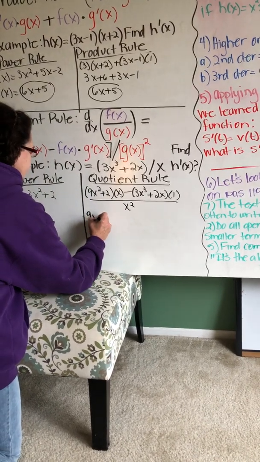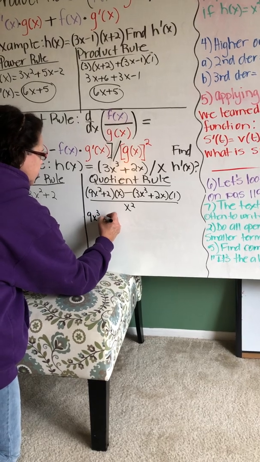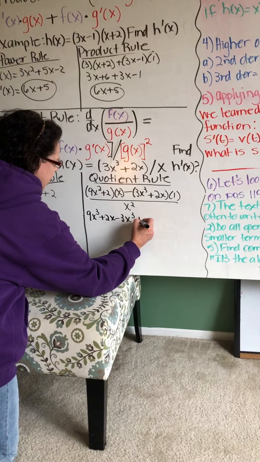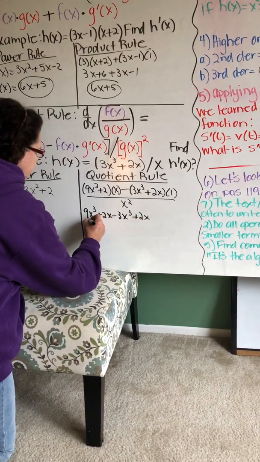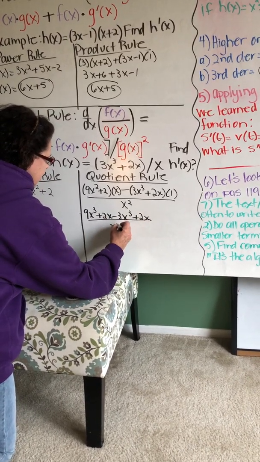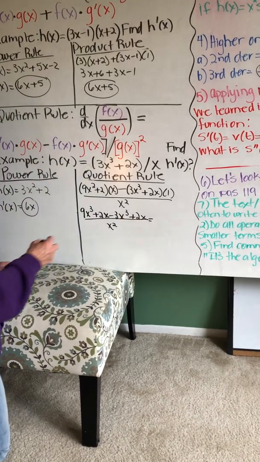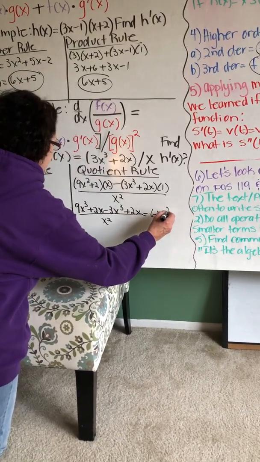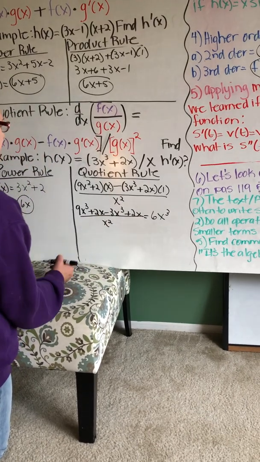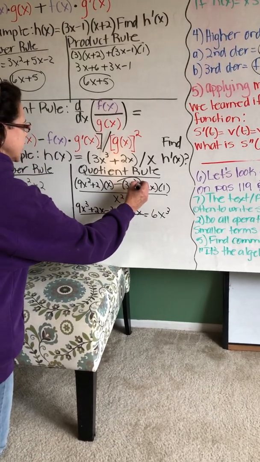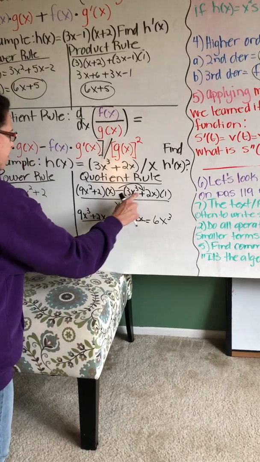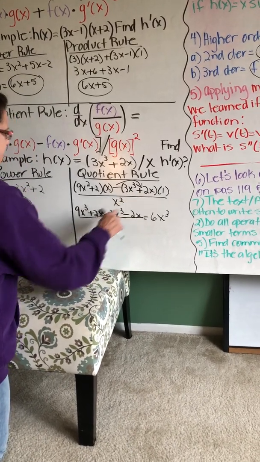That would be 9x cubed plus 2x minus 3x cubed plus 2x all over x squared. And let's clean up that numerator a little bit. 9x cubed minus 3x cubed is 6x cubed plus 2x. That was supposed to be a minus 2x. Sorry about that. Here we go, minus 3x cubed minus 2x.